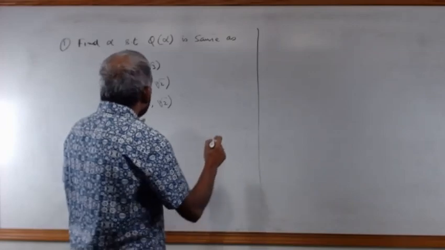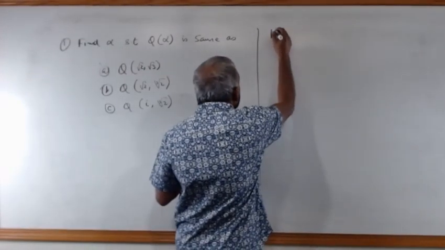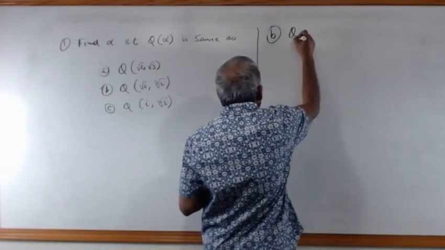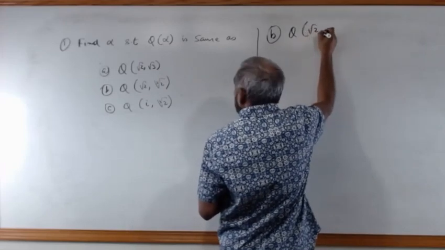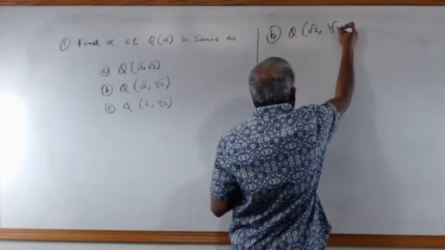So we'll do the second one. Q of root 2 comma cube root of 2.